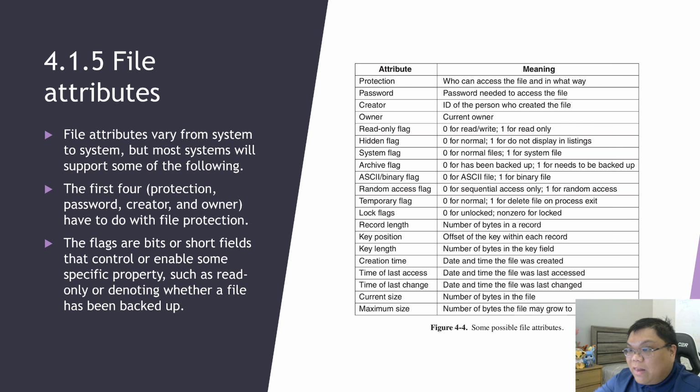Not all systems will have all of these attributes, but all systems will have some of these. And as I said, some of these are pretty self-explanatory, such as, is the file password protected? Who made the file? What are the protection bits on it?